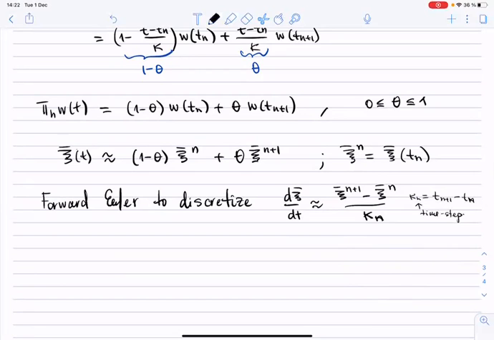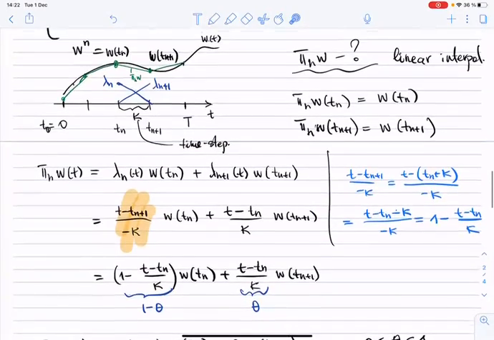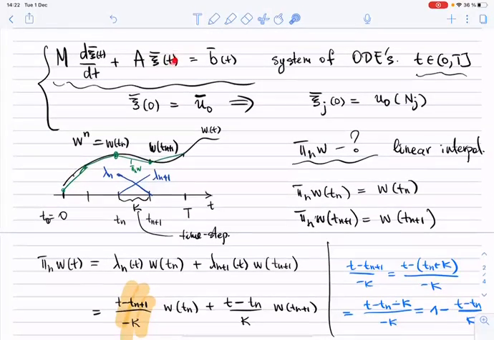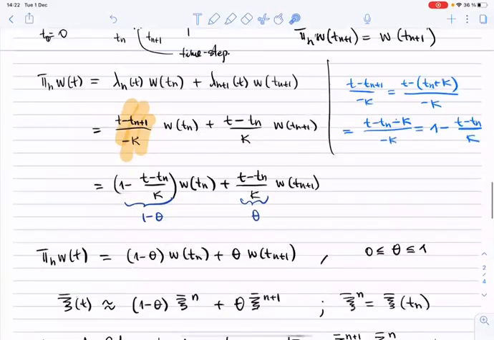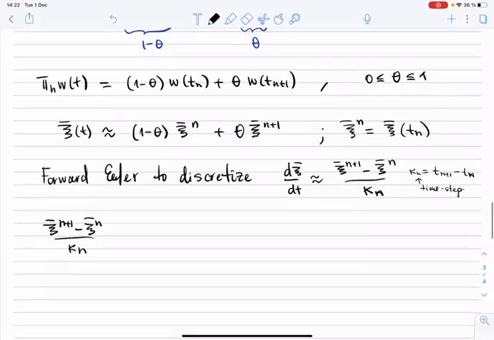All right, so then we have the following discrete problem. psi n plus 1 minus psi n divided by Kn. And instead of psi t, we are going to write this approximation with linear interpolant.